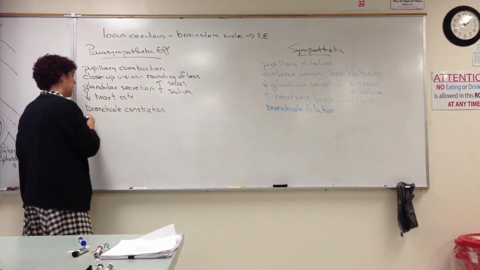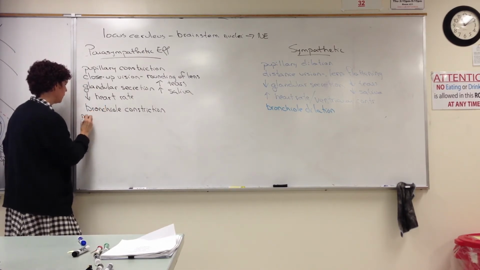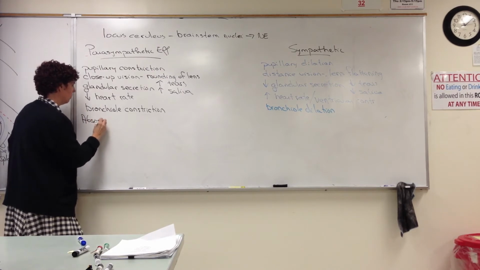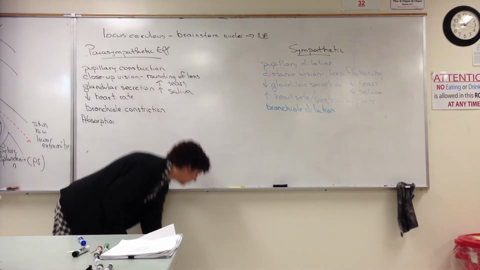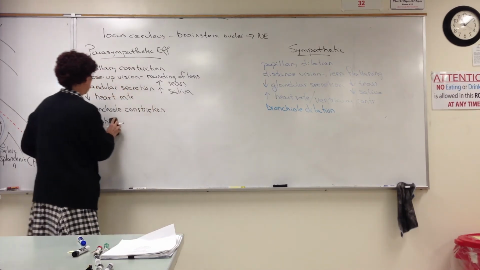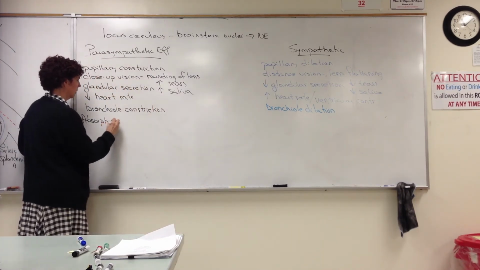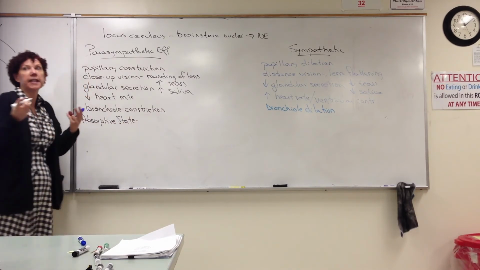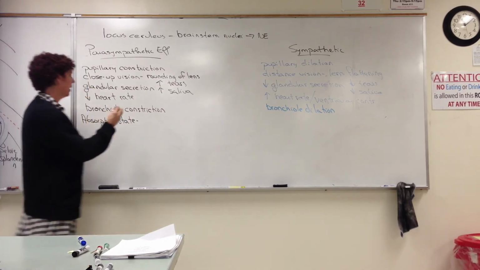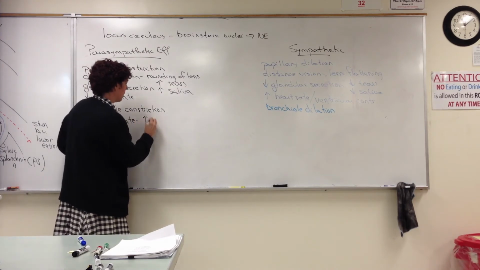And then for the digestive tract, we call this state, when you first, a few hours, 1 to 2 hours after you eat, the absorptive state. And so this is an increase in digestive activity. So we have an increase in peristalsis.